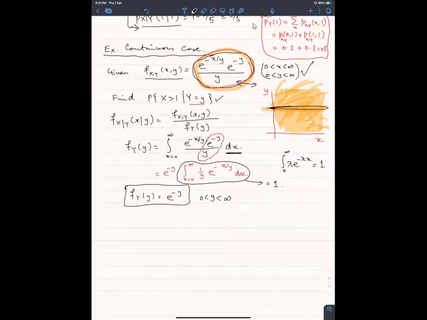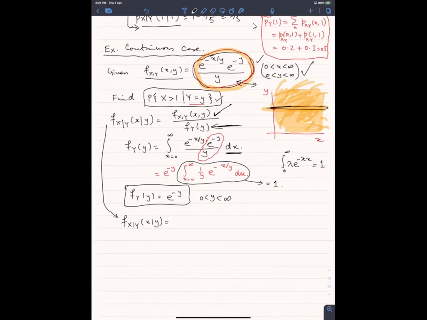Now I try to answer this question: the probability of x greater than 1 given y is equal to 1. For this, I need to find the conditional density function of x given y is equal to y. And that answer comes from the expression we wrote above. The joint distribution f_xy is given to us, and the marginal distribution we have already calculated.